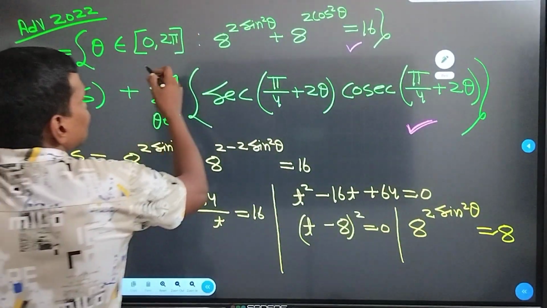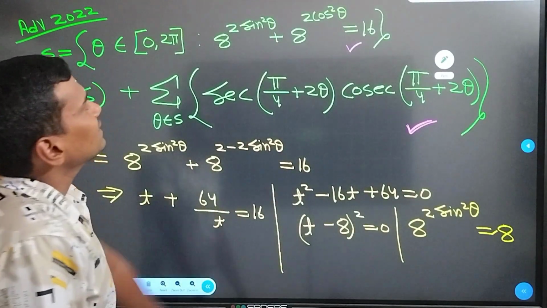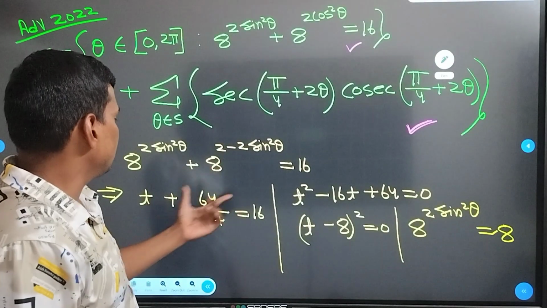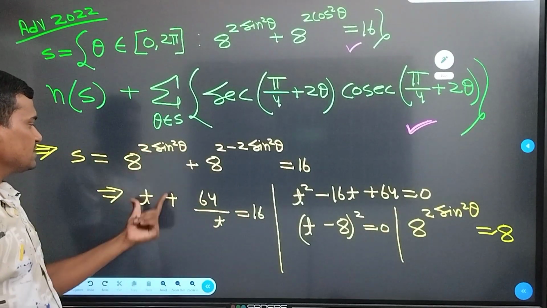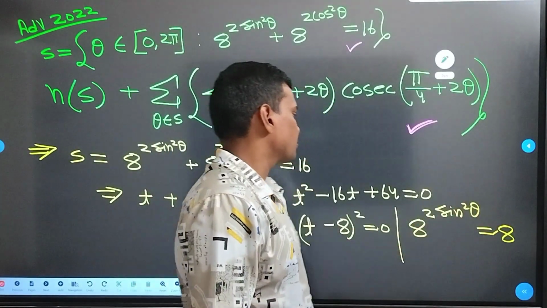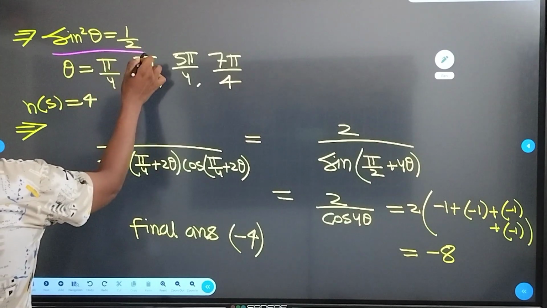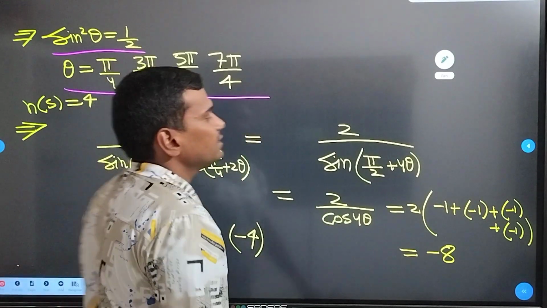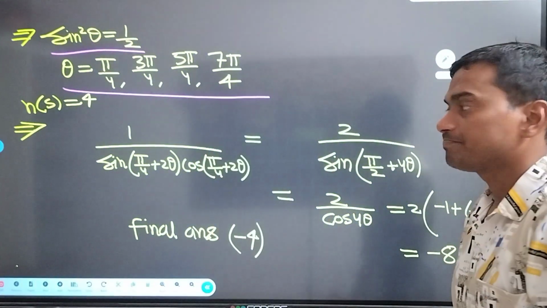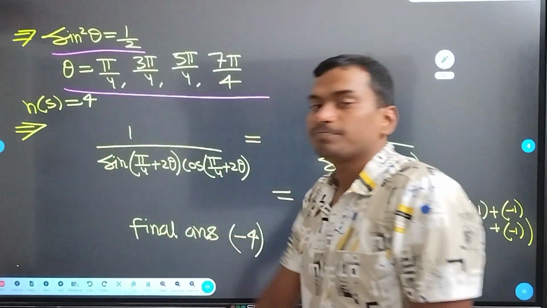First of all, theta has been given this, we are simplifying this, 2 sin square theta, 2 cos square theta. This 2 cos square theta we are writing as 1 minus sin square theta. We put 8 power this as t and solve for t. t is 8, so 2 sin square theta is equal to 1. Sin square theta is half. Theta we are taking 4 values, 1 value in every quadrant. So what is the number of elements? 4. So n of S is 4.